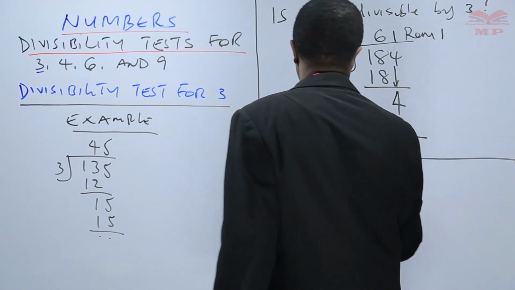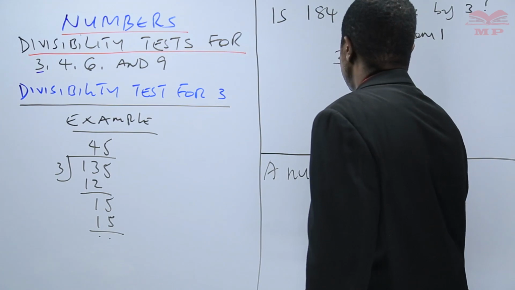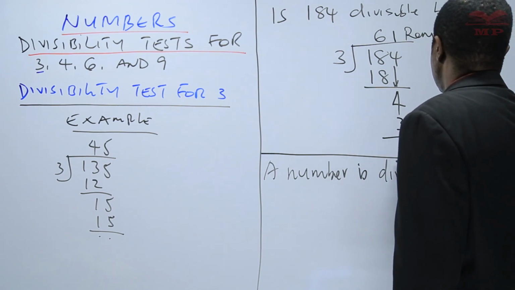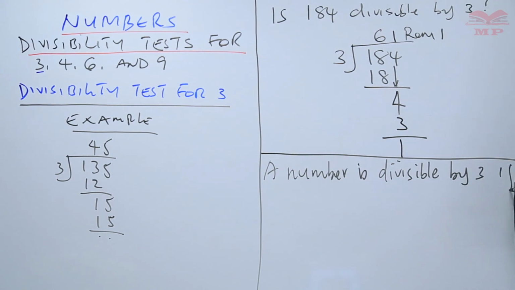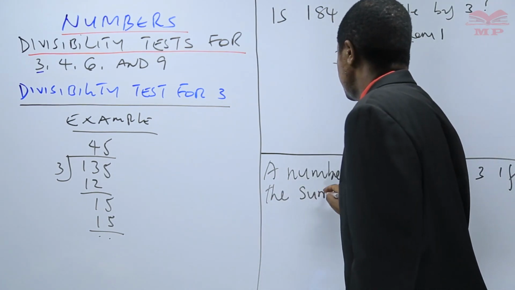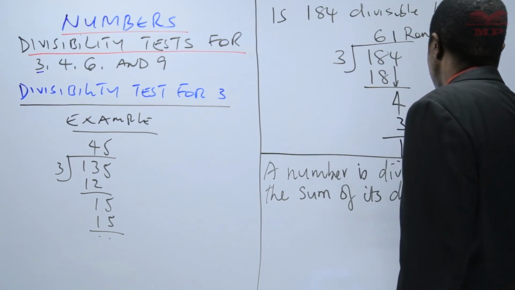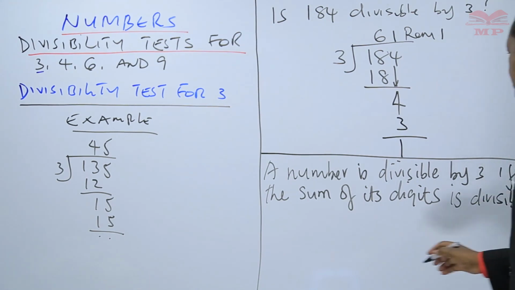Write down this point that a number is divisible by 3 if the sum of its digits is divisible by 3.